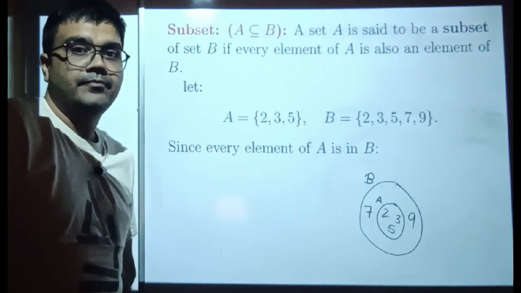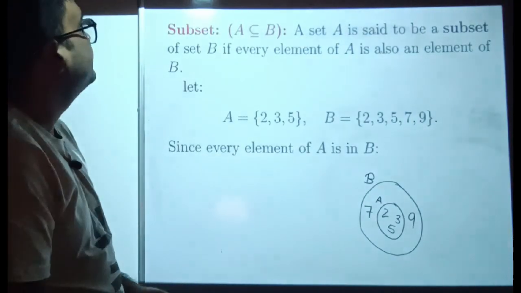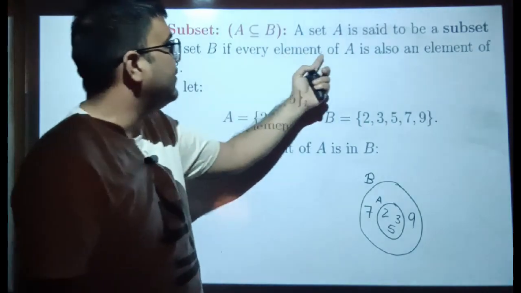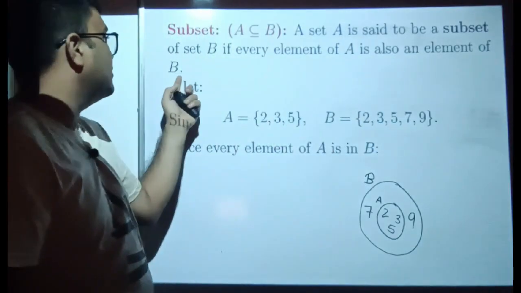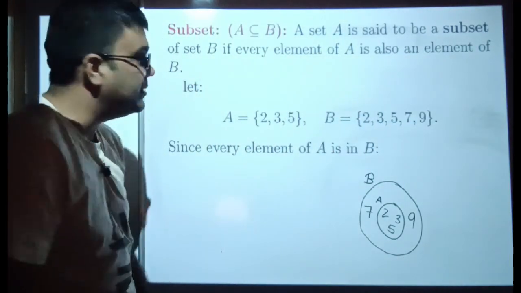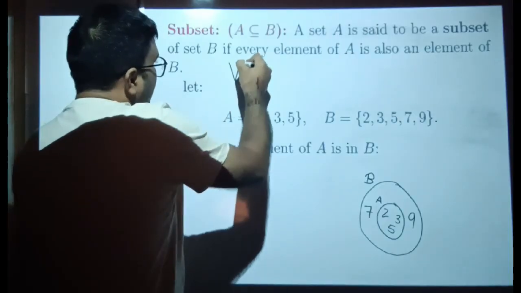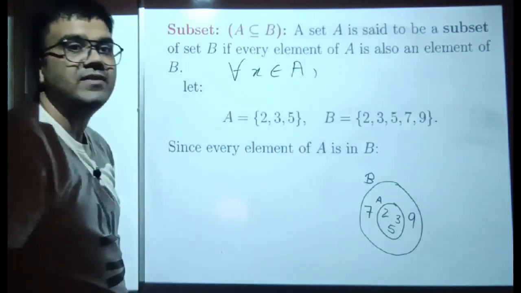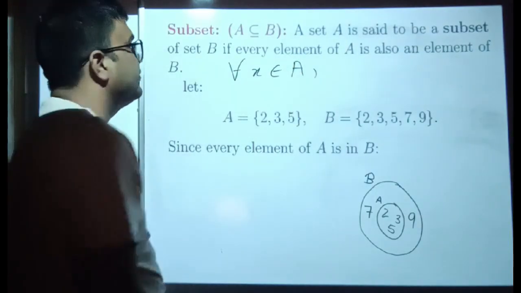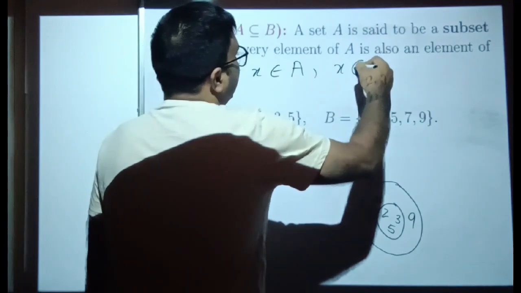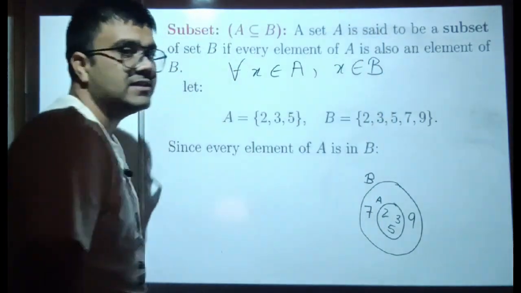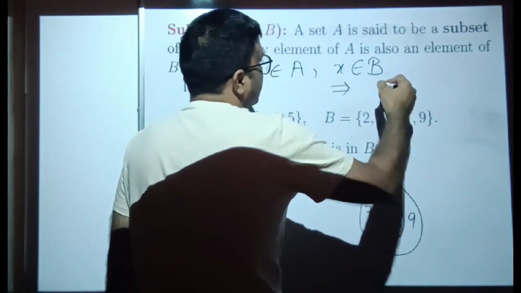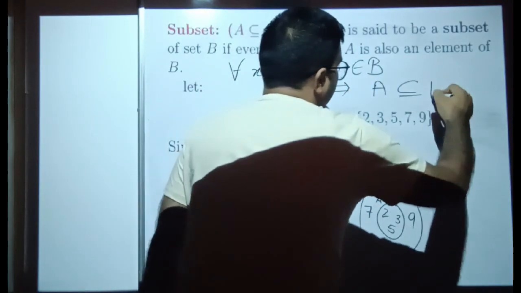We are saying a set A is a subset of B if every element of A is an element of B. Every element of A means for all x belongs to A, we have x belongs to B. If this statement holds for two sets, then we will say that A is a subset of B.